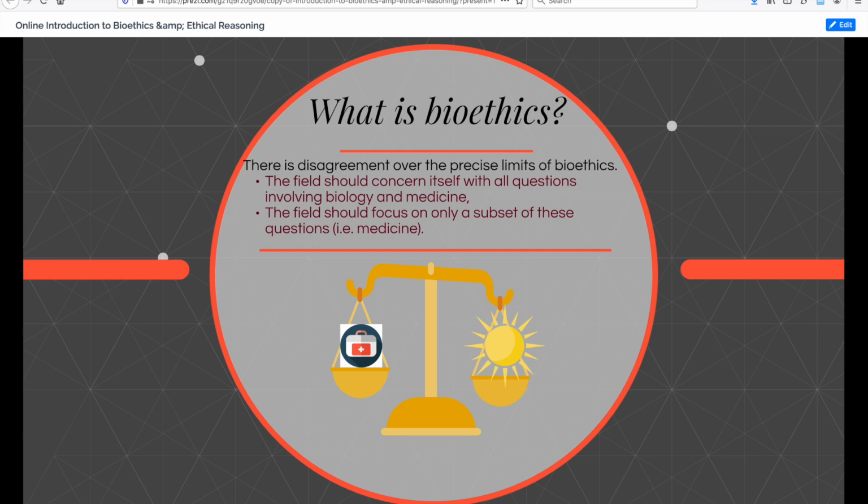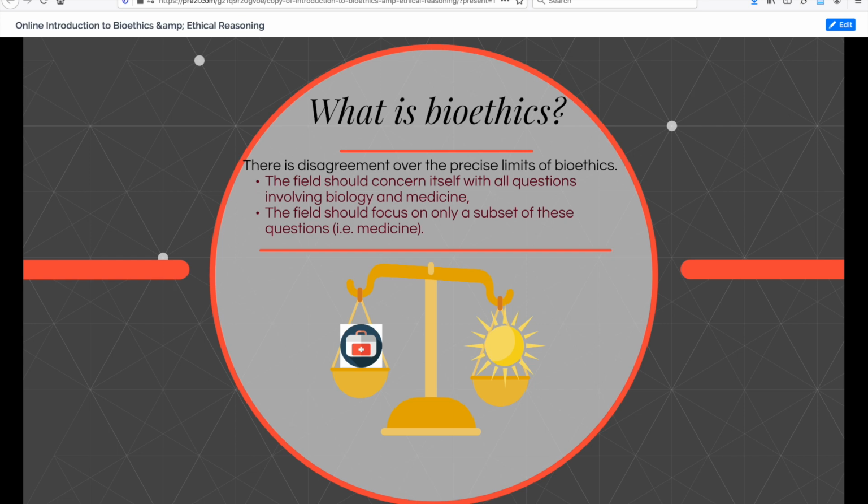And why is that? Well, there's disagreement over what the precise limits of bioethics should be. The biological, the medical, etc. These categories could expand or contract depending on what context we're looking at.